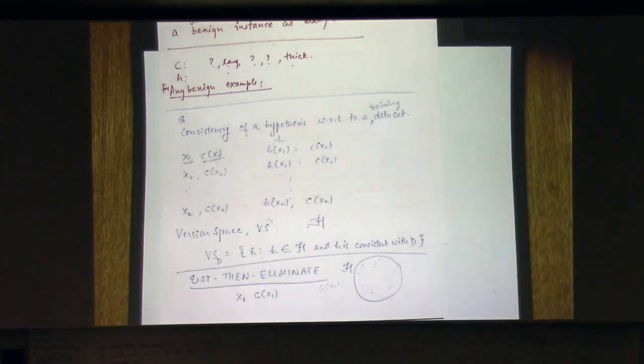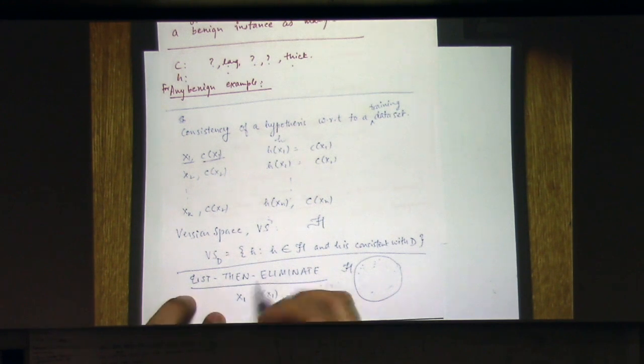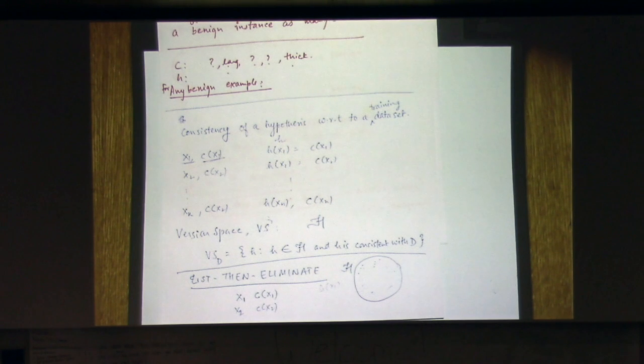So it first lists all the possible hypotheses and then eliminates the ones that are not consistent. Next, a new data point, x2, comes and it again does the same business, but with the reduced hypothesis space. At the end of it, you would be left with a version space, because those will be all the hypotheses which are consistent with all of these training data points.